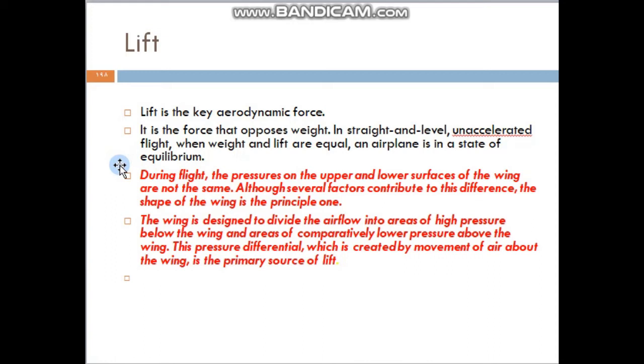The wing is designed to divide the airflow into areas of high pressure below the wing and areas of comparatively lower pressure above the wing. This pressure differential, which is created by movement of air about the wing, is the primary source of lift.